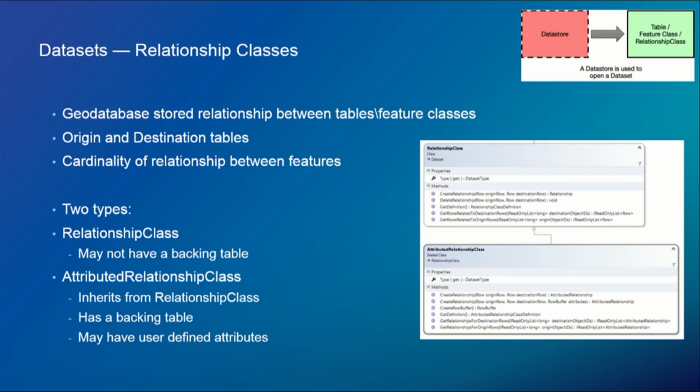Maybe you have a company table and a states feature class, and each state, of course, has multiple companies, and each company may have offices in multiple states. That might be an example of what you can do there. You can also add additional attributes to an attributed relationship class. So to go to my example, maybe you have the revenue that each company makes in each state as a attribute, as a field on the relationship class itself.